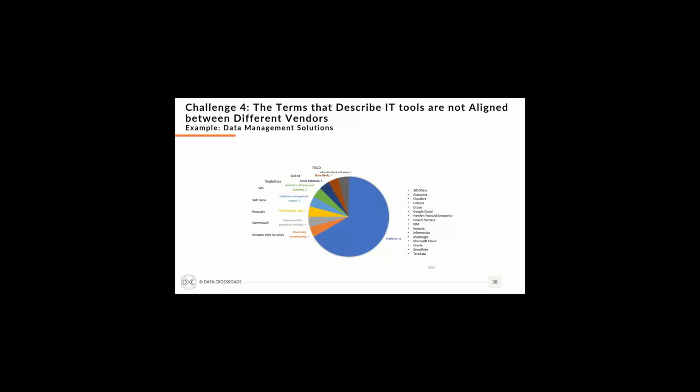We can see that 14 of 24 vendors use the term platform. However, some vendors need further clarification of this term. For example, Informatica is a data management platform, Collibra is a data governance platform, Precisely has a data integrity suite, so a lot of different approaches. And it simply demonstrates that we don't have aligned titles or definitions of data management tools and corresponding concepts.